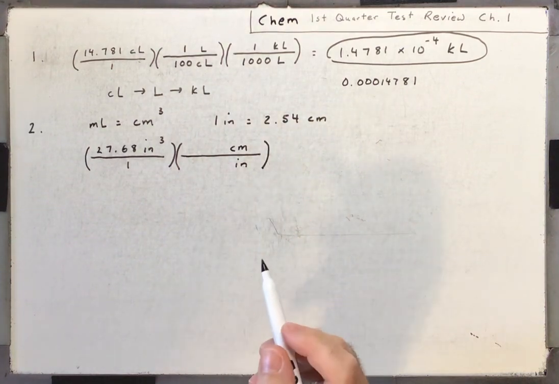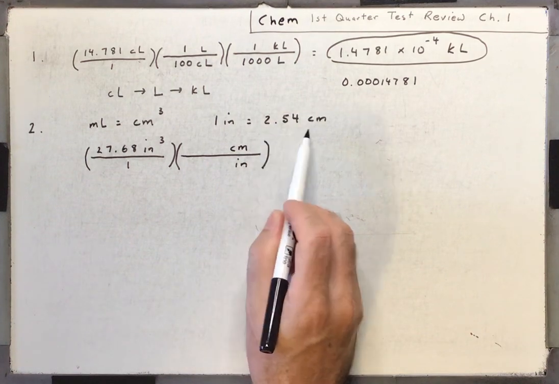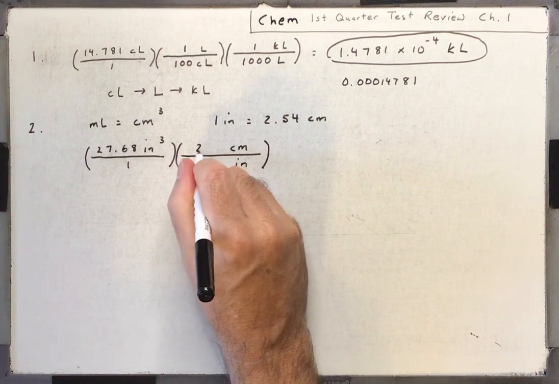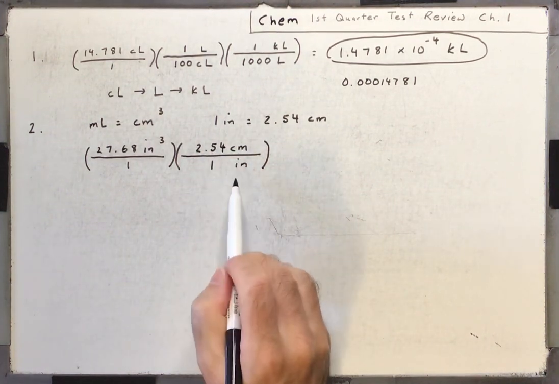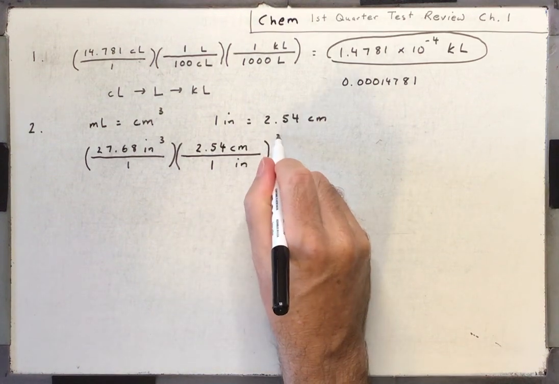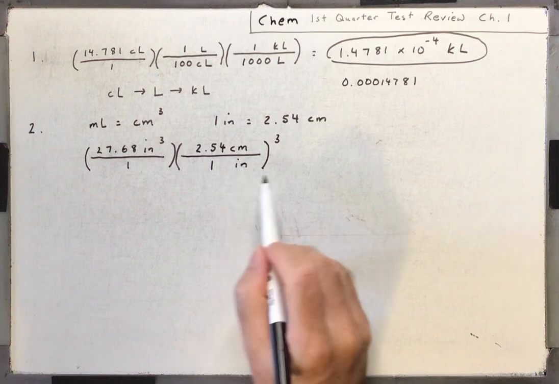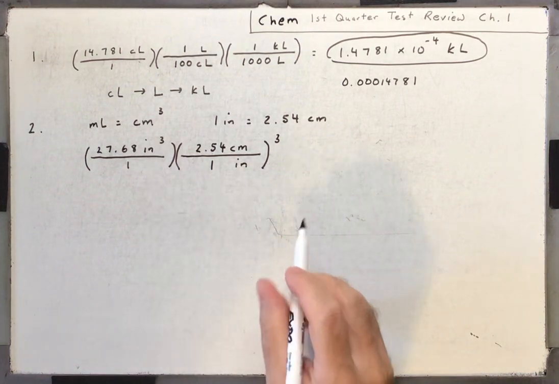All right, what's bigger, an inch or a centimeter? Well, an inch is bigger. An inch is about 2.5 times bigger than a centimeter. So put the 1 there. 2.54 on top, 2.54 centimeters to an inch, and then we have to cube the whole thing. That'll get us centimeters cubed, but it also gives us inches cubed on the bottom, which will cancel out the inches cubed on top over here.